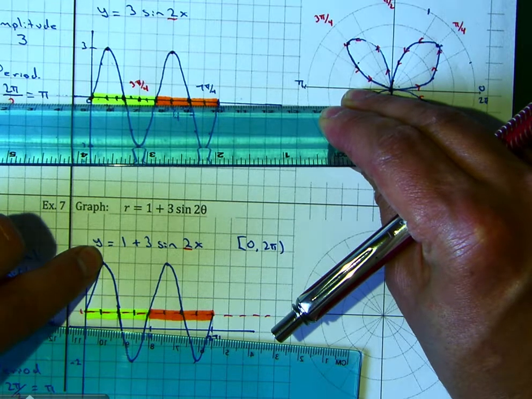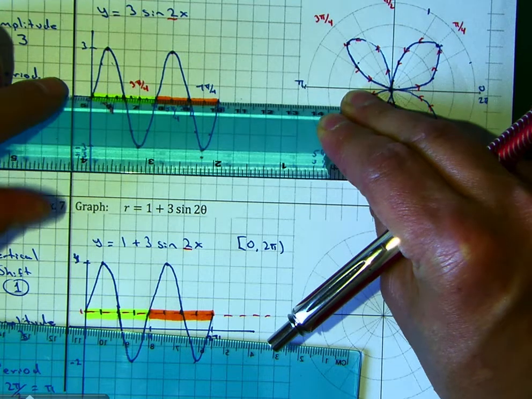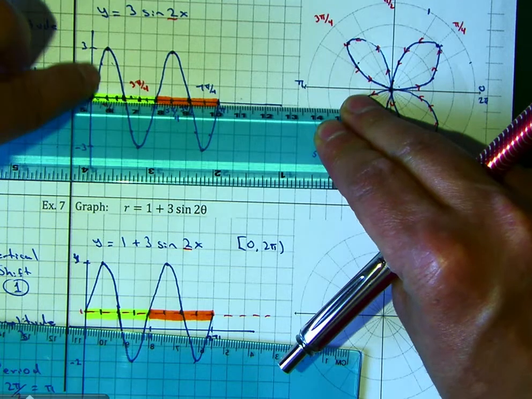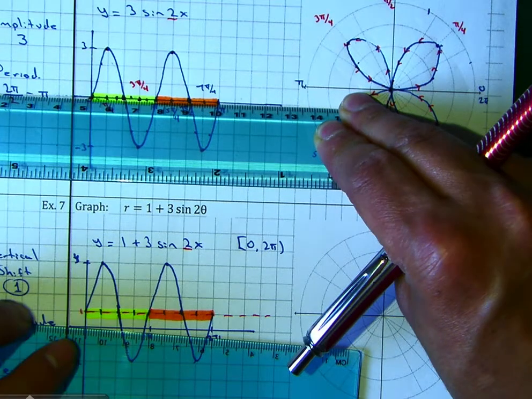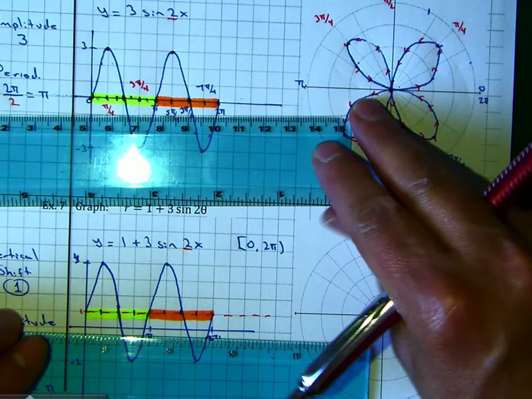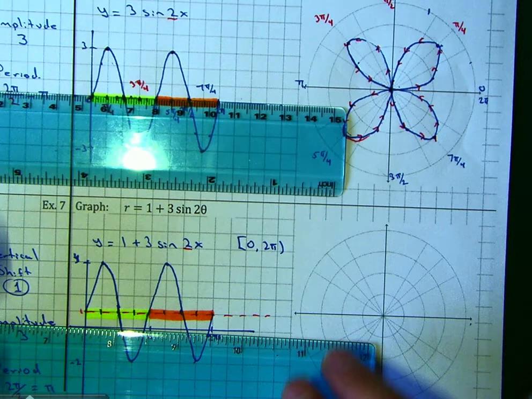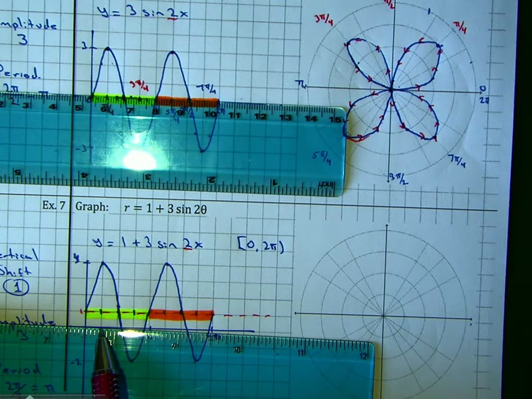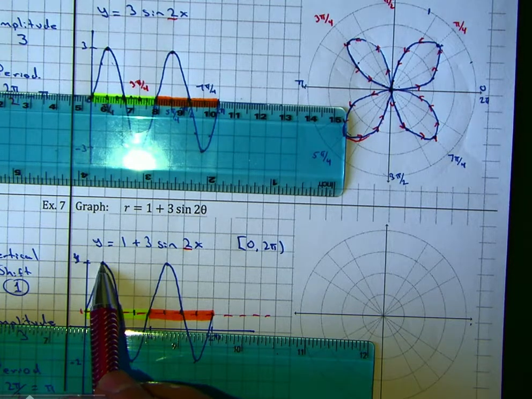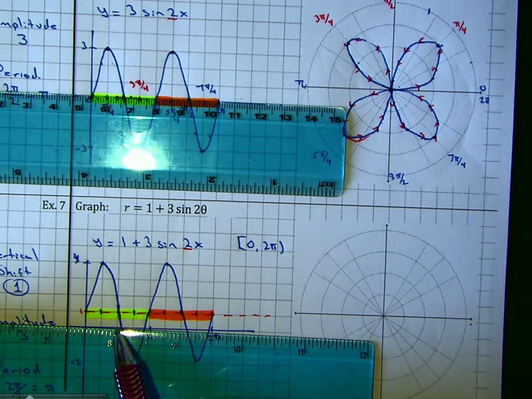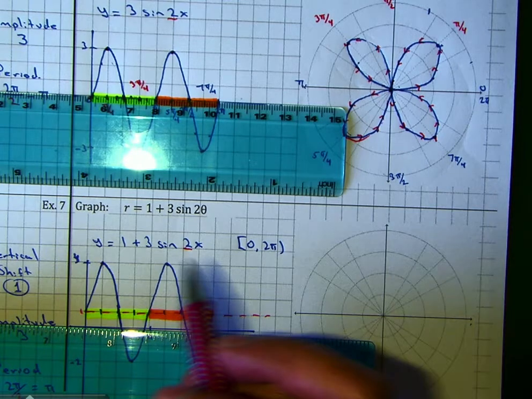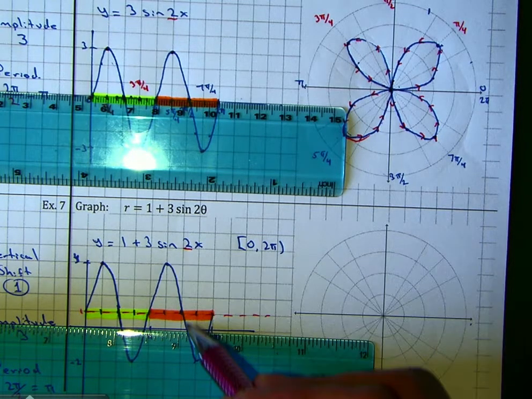The peaks are in the same location. So the peak is at pi over 4, but it goes all the way up to 3. The peak is, again, pi over 4, but now it's going to go all the way up to 4.